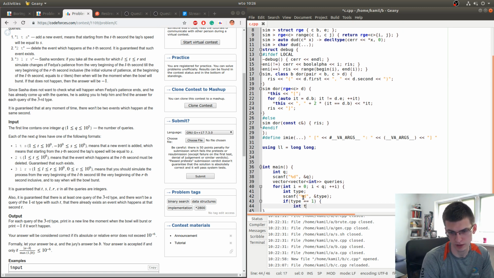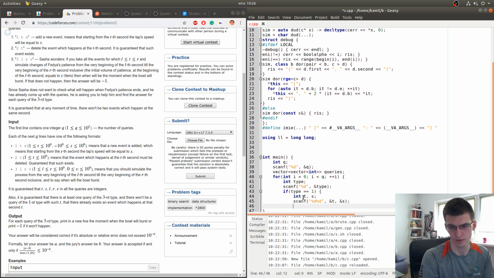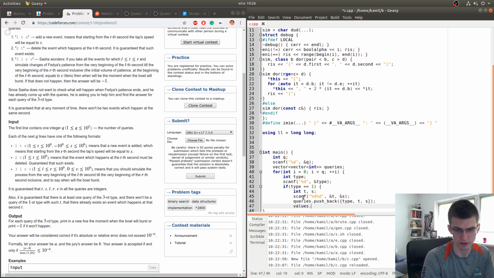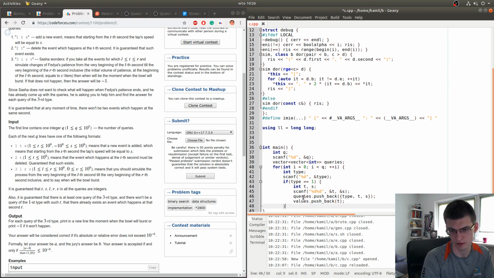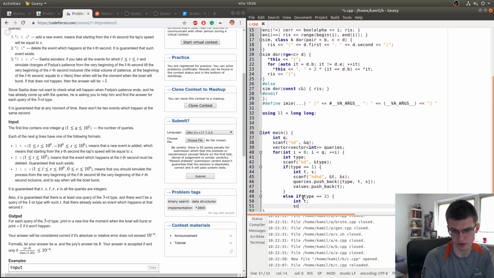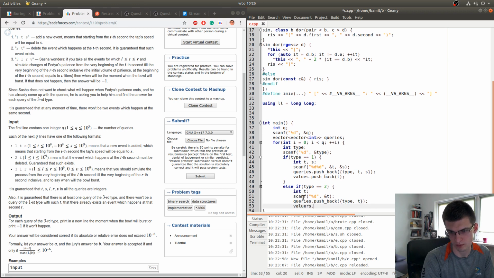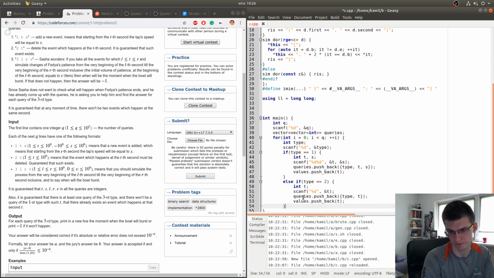Here read T and S for type 1. Queries pushback type T S, and also values pushback the time. Time is T, the tap's second. If type is 2, then just read T. To queries we add type and T, and to values we add T.